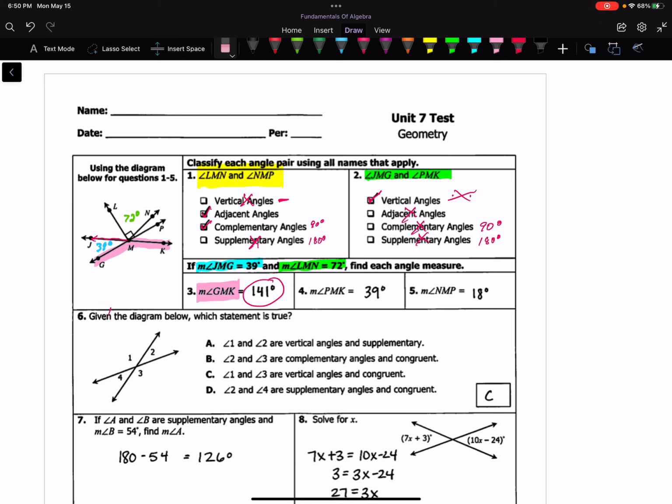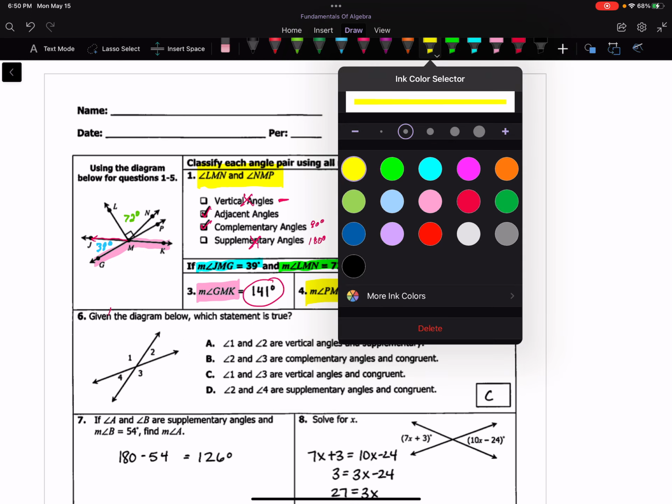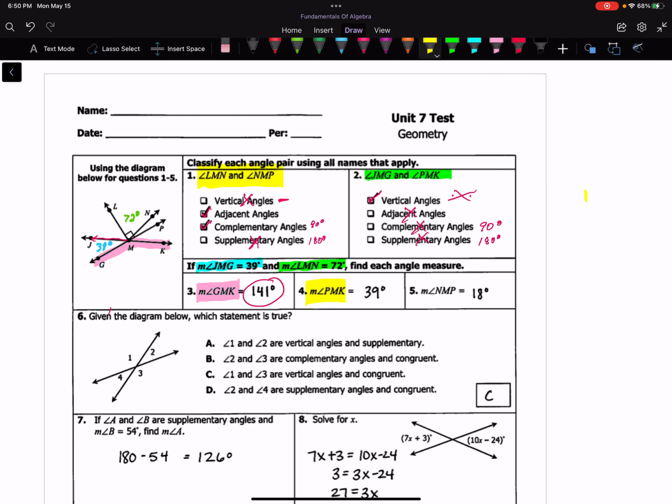Okay, let's take a look at PMK in yellow. Well, what do we know about it? We know that it is vertical with JMG, so its vertical partner is right here.